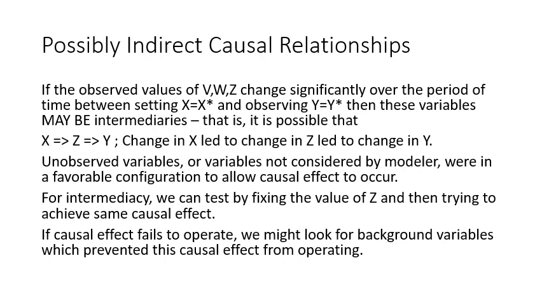So change in X affects Z, and change in Z affects Y, and so in these cases we are not sure about whether X is a direct cause or whether there is an intermediate variable. There are various ways to test for intermediacy and to discover whether this is a direct relationship or whether there are other intermediate variables.